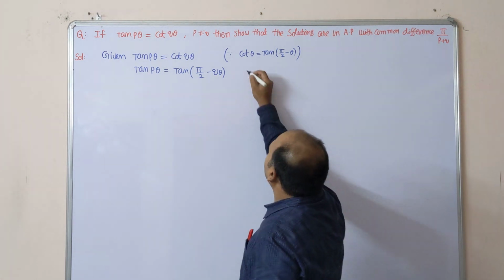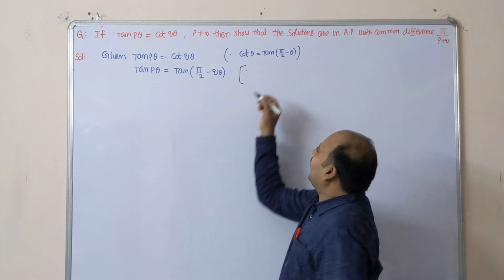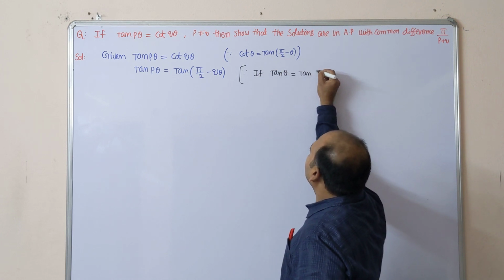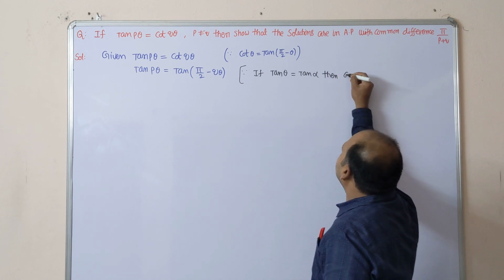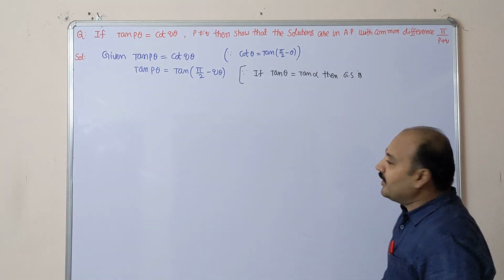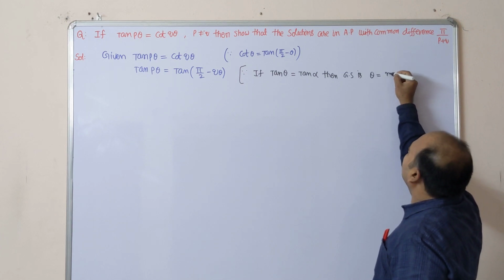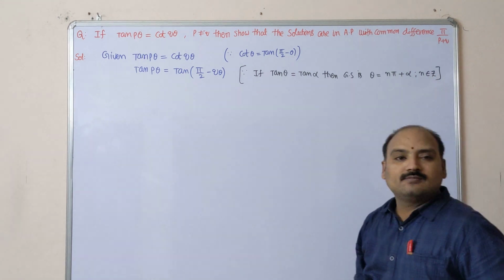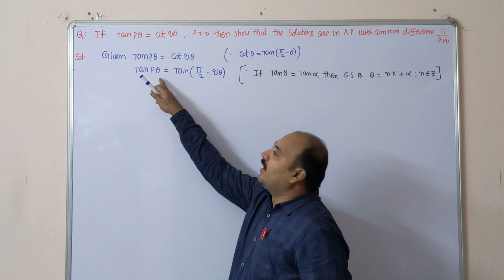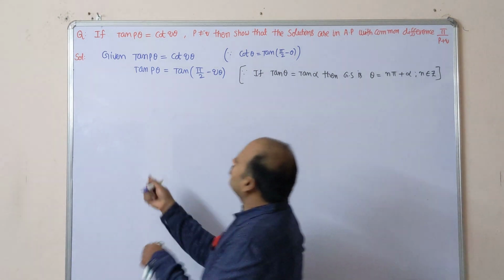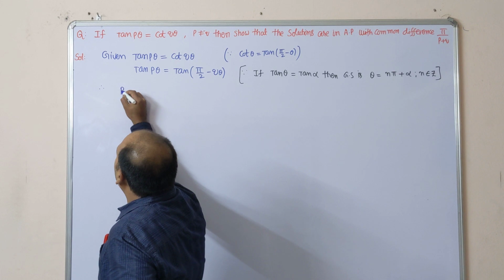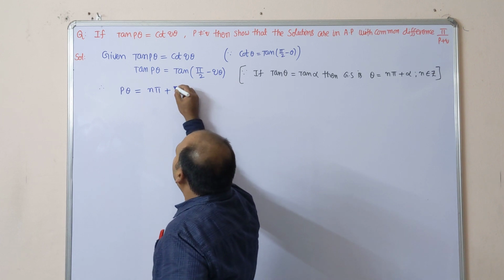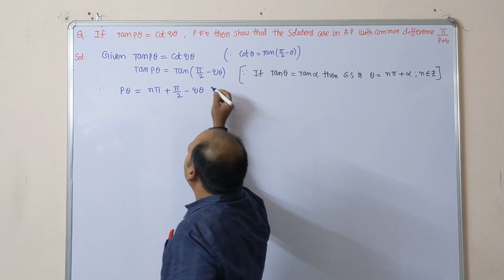In the next step, if tan theta equal to tan alpha, then the general solution is theta equal to n pi plus alpha, where n belongs to Z. So here theta is p theta, alpha is this value. Therefore the general solution: p theta is equal to n pi plus pi by 2 minus q theta.